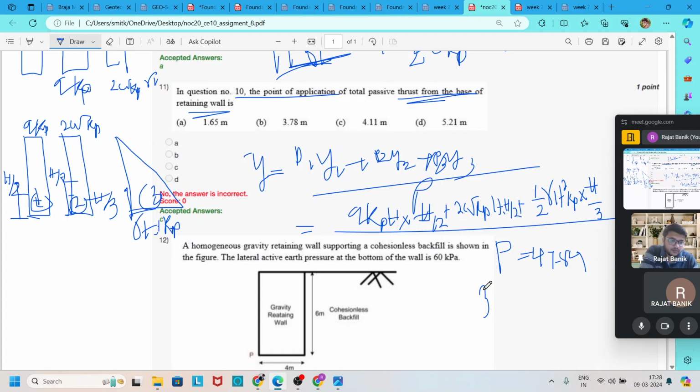Yes, it becomes 4.11 meter. So the correct option is option C, that is 4.11 meter. So option C is correct for this question.